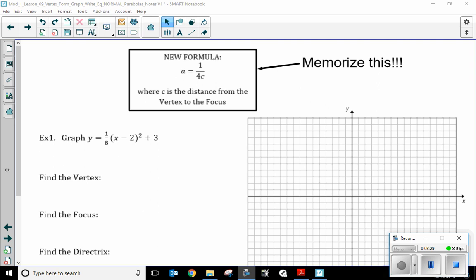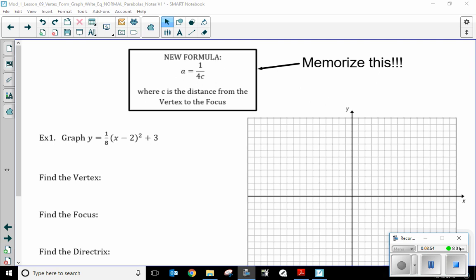And in this rectangle, we see something that says new formula. This thing right here is going to make our lives so much easier. I used to teach this a different way, and then I came across this material, and this is a million times easier. When we go through it, you might say, this is still kind of tough and complex. Yeah, it's not easy math.